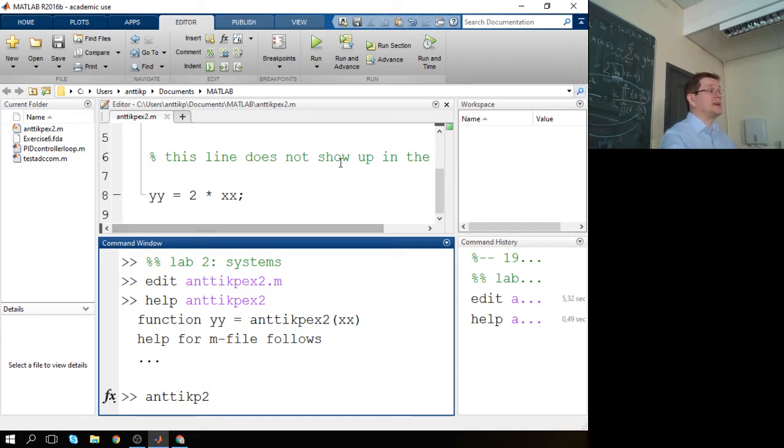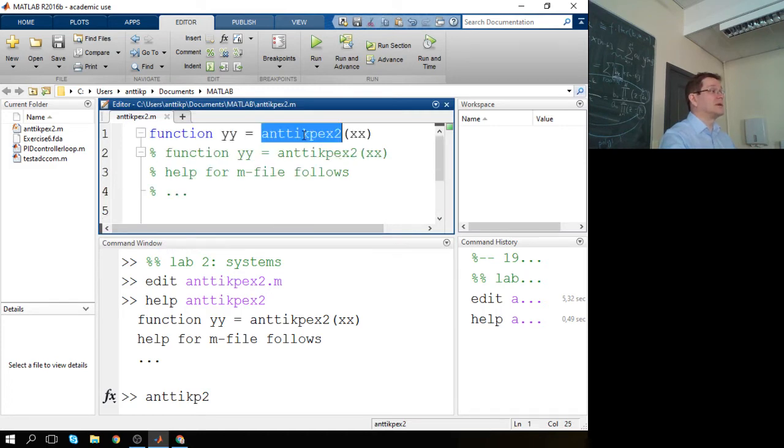That's why you need to write the same name here. If you want to make another named function, then you also need to make another file name, since MATLAB finds the file. It doesn't go and seek what is inside of those files.